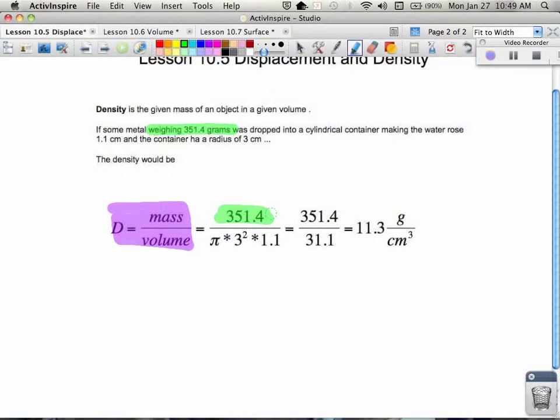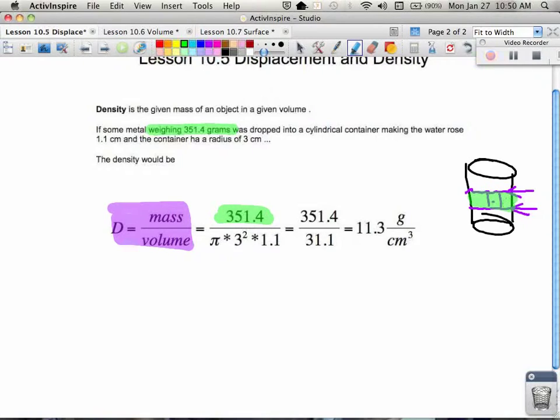When you think about the cylindrical container, if I'm drawing that picture, what I see is this happen here. And I know that my height of my water was a certain place, and then it rose to another place, and that rising was the 1.1. And what you're going to do then is just find the volume of the change. And so what you're doing is you're finding the volume that occurred in between those two bands of how much it rose.